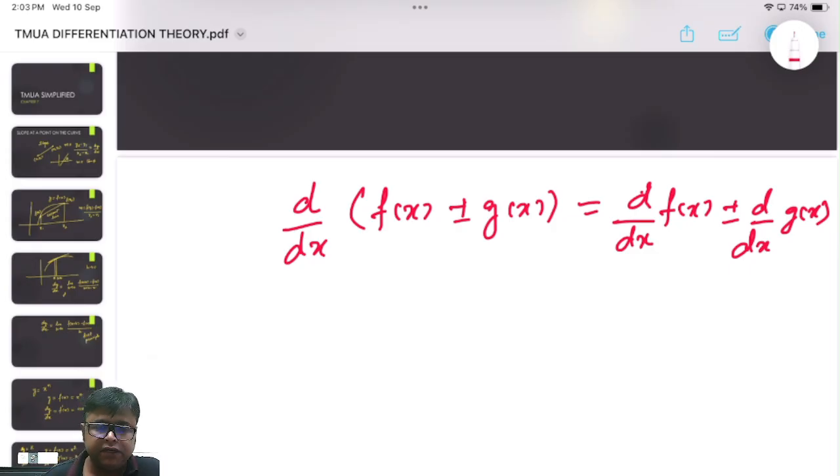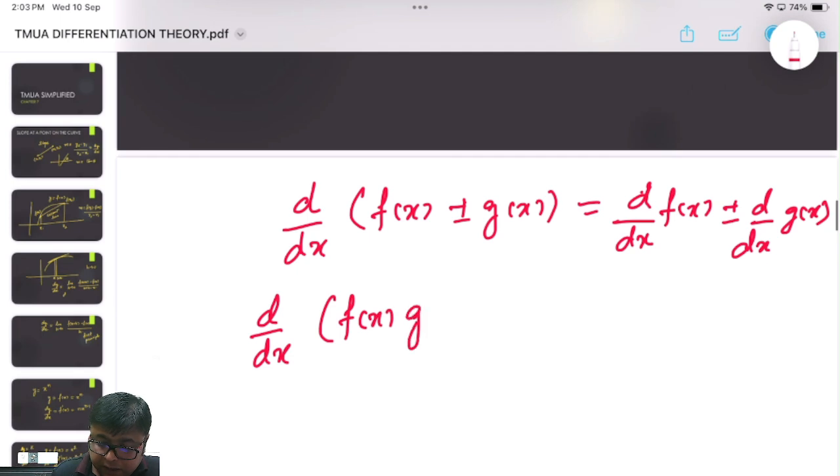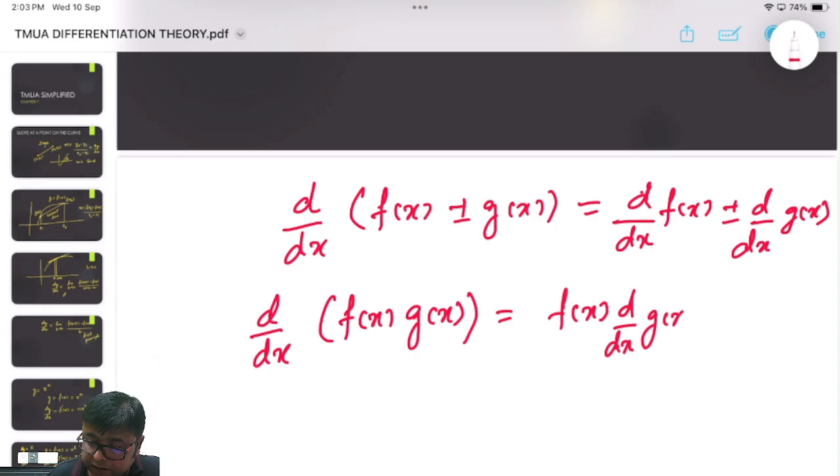But the same does not apply when we are using the product rule. For f(x) into g(x), we say f(x) as it is, then dy dx of g(x), we differentiate g(x), plus, then we keep g(x) as it is and we differentiate f(x). So this is the product rule, right?